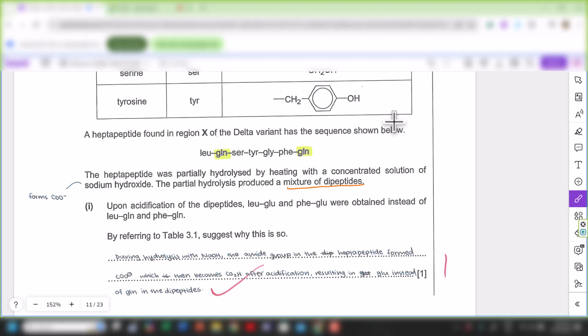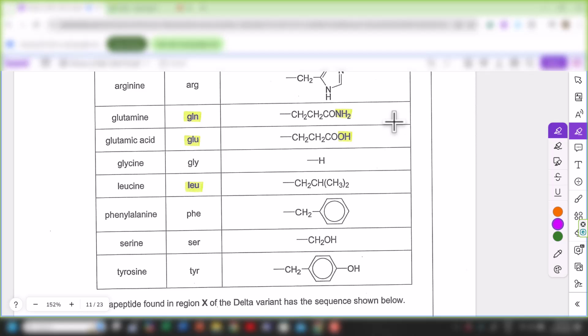This is not important here. After that they recognize that they got two glutamic acid instead of glutamine. If you go back, GLU instead of glutamine, you notice the difference between them is that for glutamic acid, the side chain is a carboxylic acid, but for glutamine, the side chain is an amide.